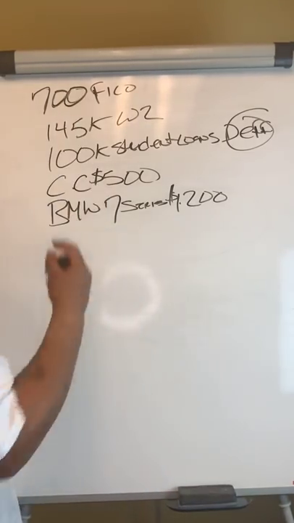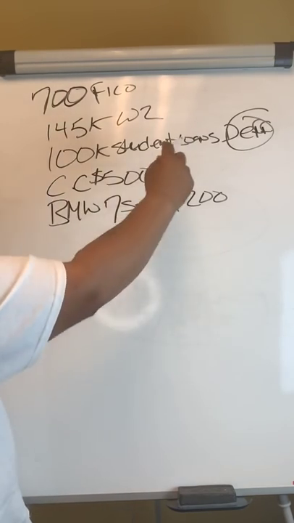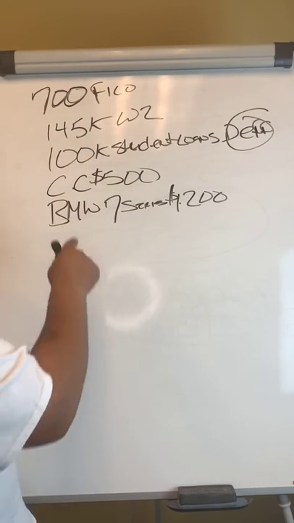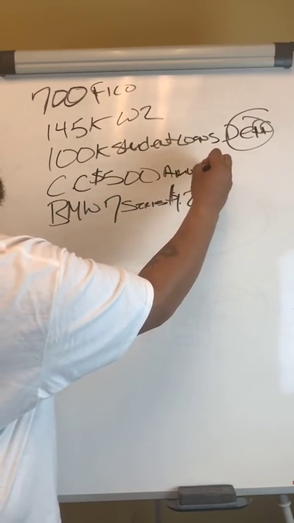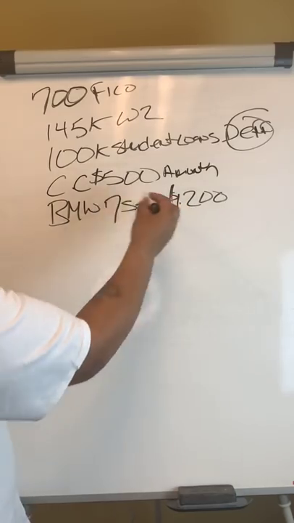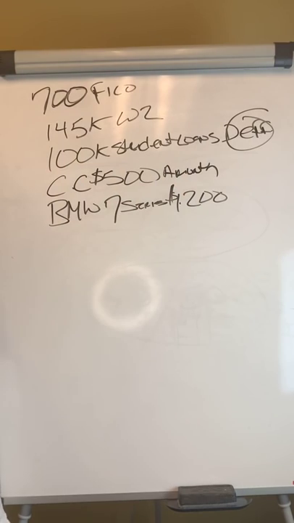So you've got a 700 FICO, you make $145,000 a year, you've got 100K in student loans that are all deferred, you've got $500 a month in credit cards, and you've got a 7 Series Beamer at $1,200. What a life, right?